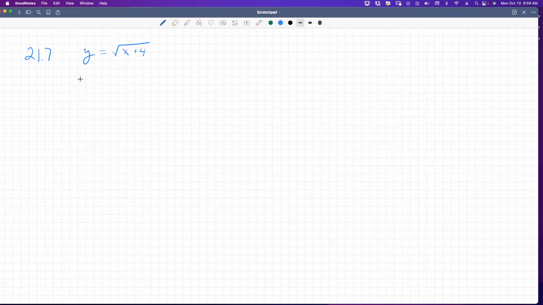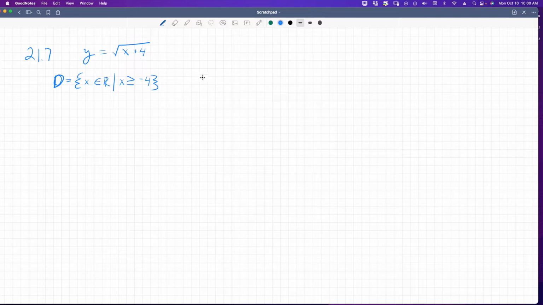So that's okay. So we can write the domain right away. I'm just going to write the capital D here for the sake of expediency. Domain is equal to x is a member of the set of all real numbers such that x is greater than or equal to negative 4.